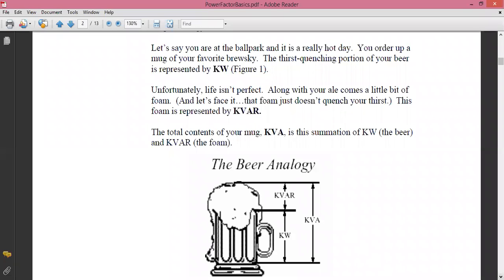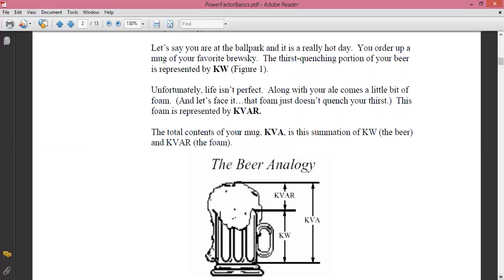Now, first of all, this is a beer mug. Let us say you are at a ballpark and it is really very hot. You ordered a mug of your favorite beer. The portion of your beer that quenches your thirst is represented by kW.